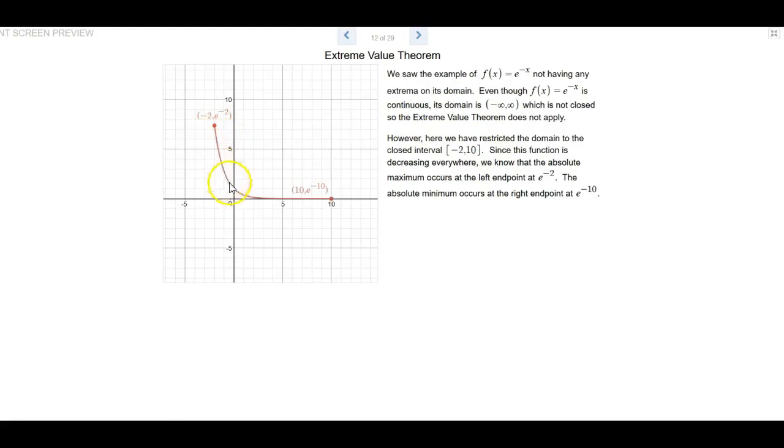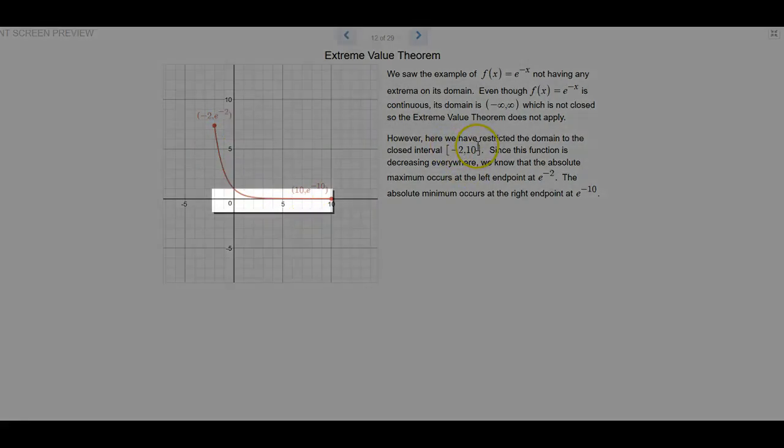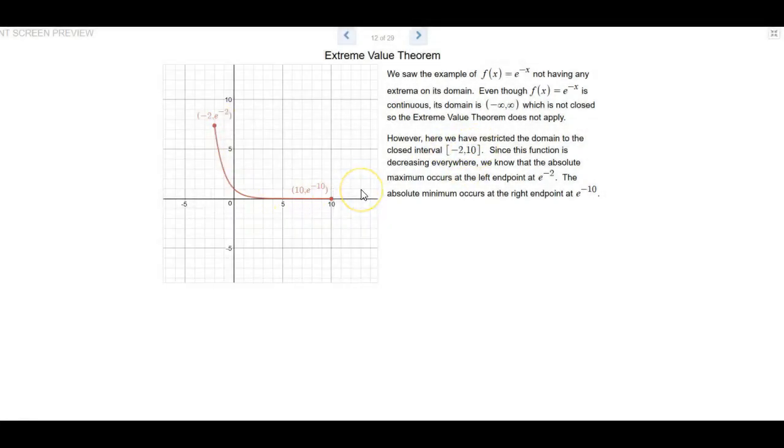Before, we looked at f of x equals e to the minus x in its natural domain. Now if we restrict the domain to, let's say, minus 2 to 10, a closed interval, we can see it does have an absolute maximum. Let's take a step back and think about this function, e to the minus x.